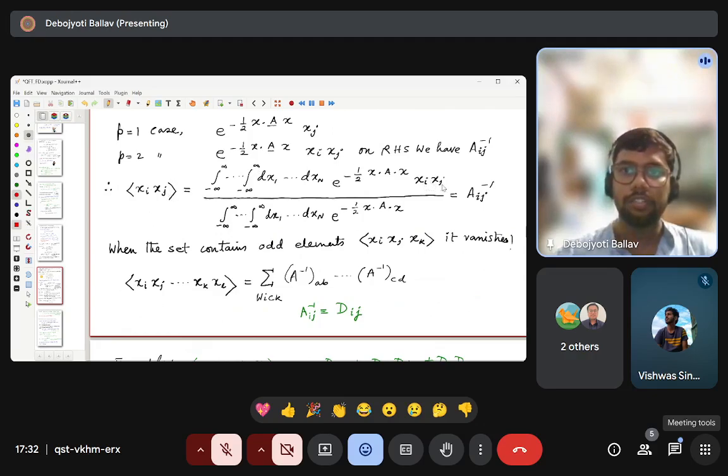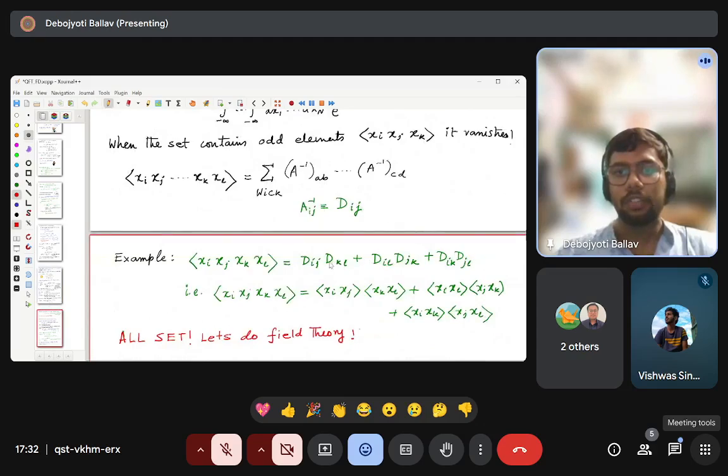If you calculate that, you have a product of these delta_ij's, for delta_ik, delta_jl, then another product where you permute the indices, so you have other products like delta_il, delta_jk, then delta_ik, delta_jl.